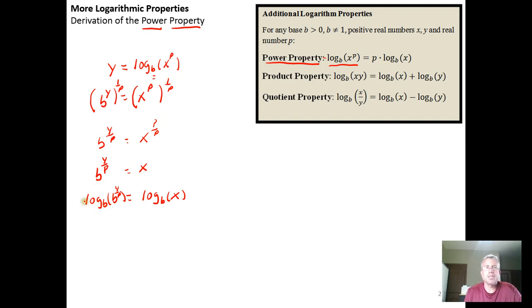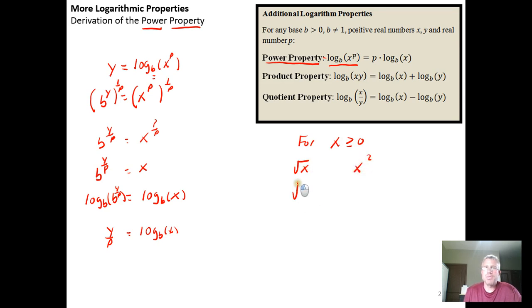One, we can recognize that log base b is the inverse function for the exponential function base b. And because it's the inverse function, log base b will just cancel the base b exponential and leave us with y over p. We could argue that from an inverse function standpoint. When we have inverse functions, for example, for x greater than or equal to 0, we know that the square root of x is the inverse function for x squared.